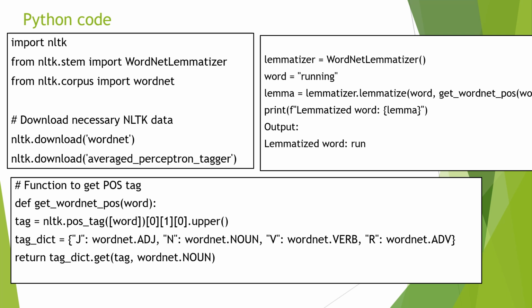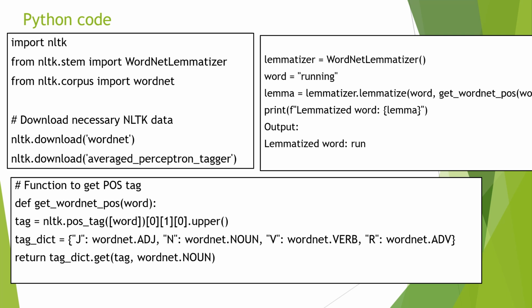So in this POS tag, we first generate a couple of words, and from that we fetch the first element, which is a tuple that contains the word and its parts of speech. Then we take the parts of speech from it, and first letter of the parts of speech is converted into uppercase. Now this dictionary format is used to return the tag dictionary.